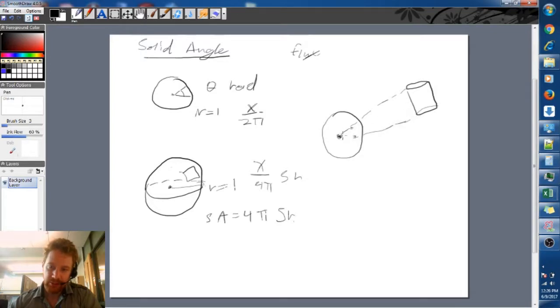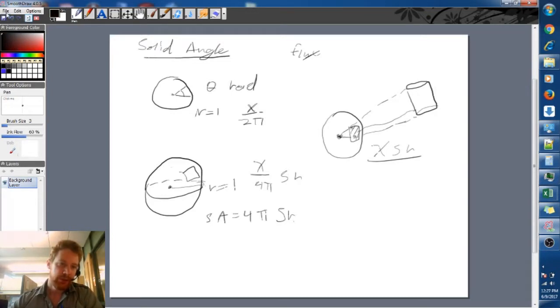The point of intersection of the sphere and the ray is where it matches up with where we draw our subtension from. So maybe we have another one like that, and it casts a shadow of some shape on the unit sphere, and it has X steradians subtended on the point by the object. So that's solid angle.